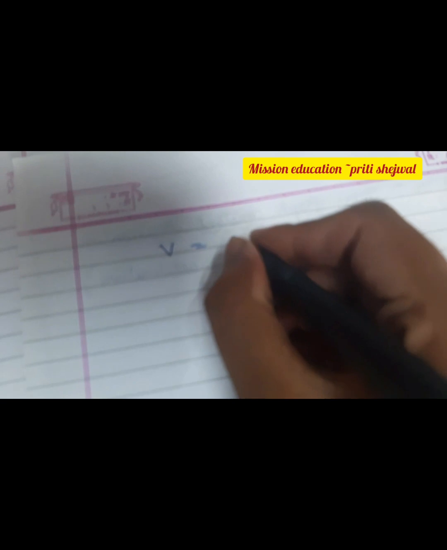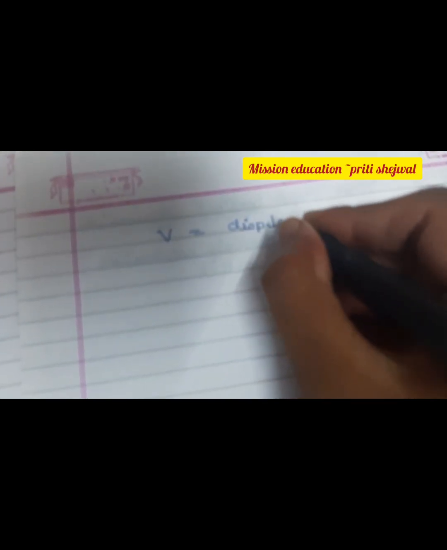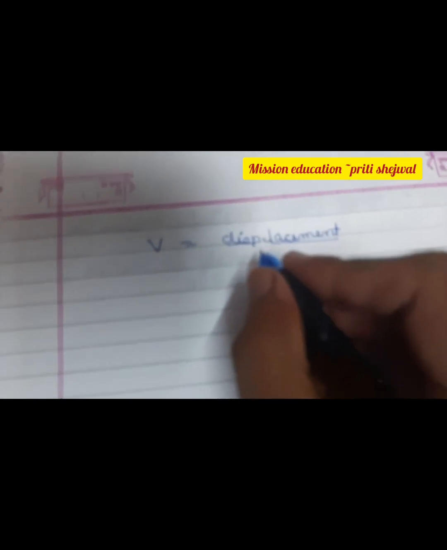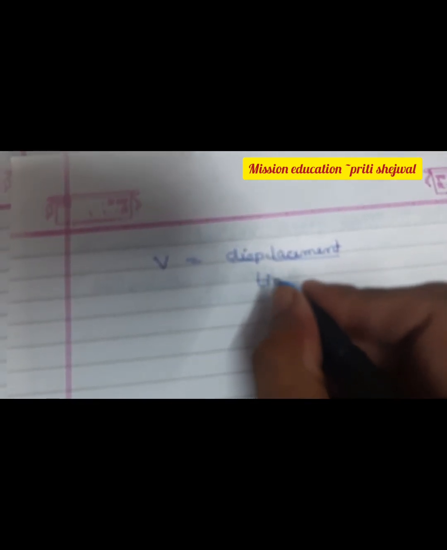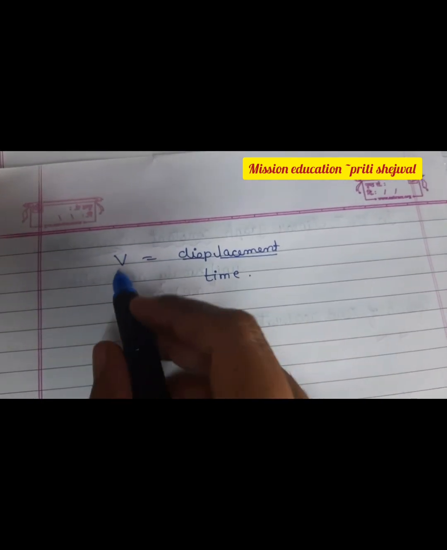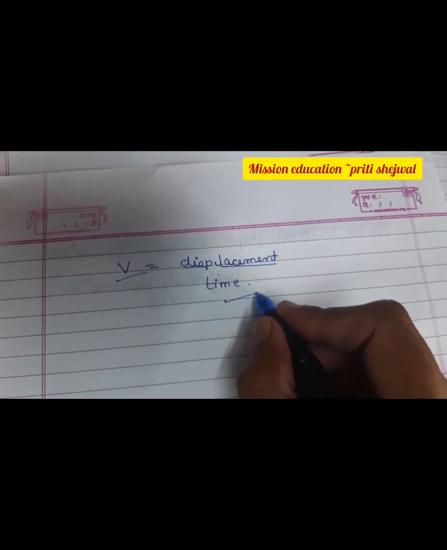What is the formula for velocity? Velocity is equal to displacement upon time. Velocity formula is displacement upon time. So velocity you know, time also you know.